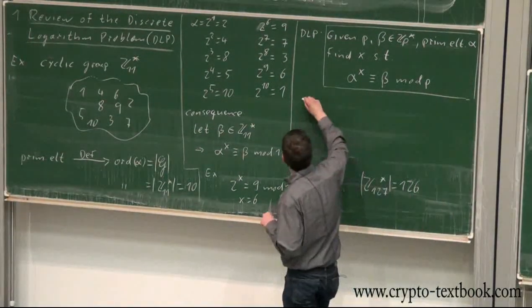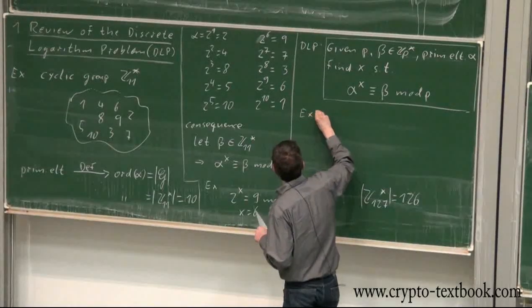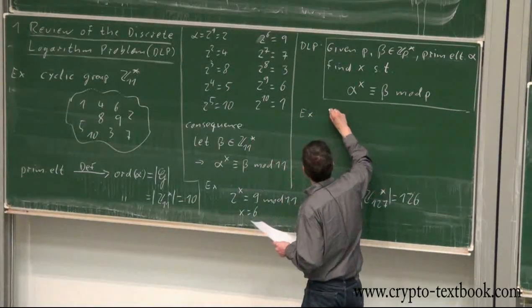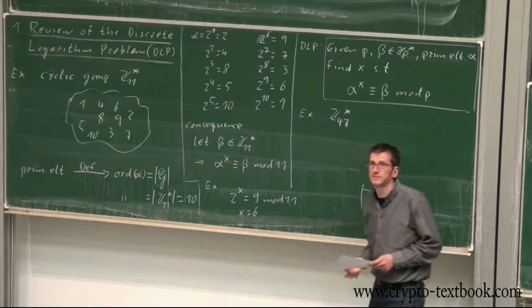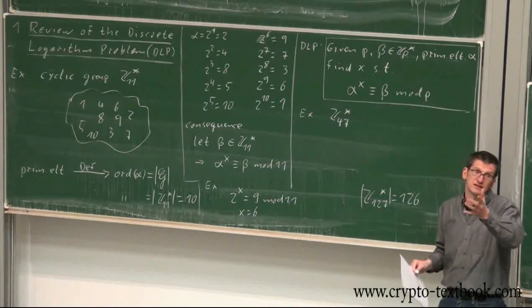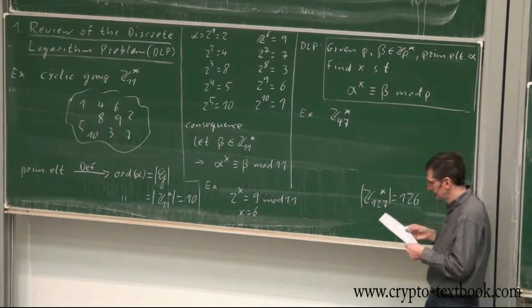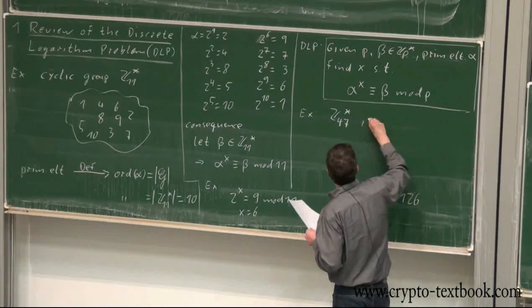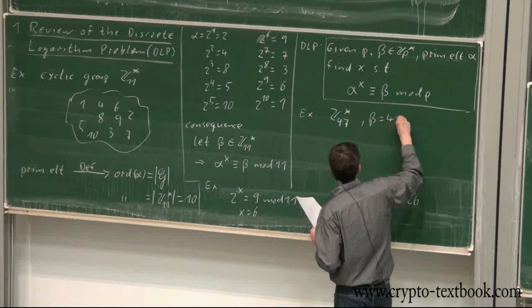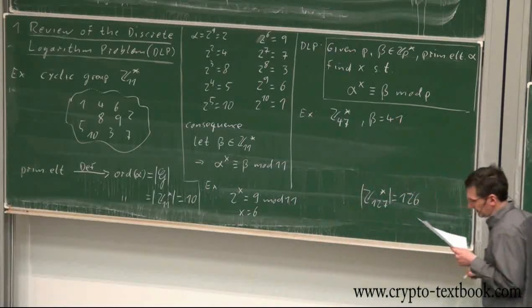Let's do another example, which is maybe not quite as trivial. That's still pretty easy. You know, move from 11 to 47. 47 is a prime, so we can use that. Beta is 41.